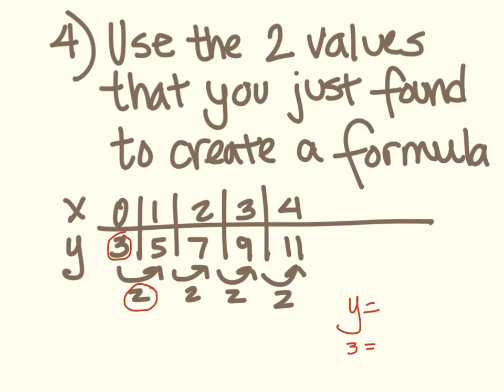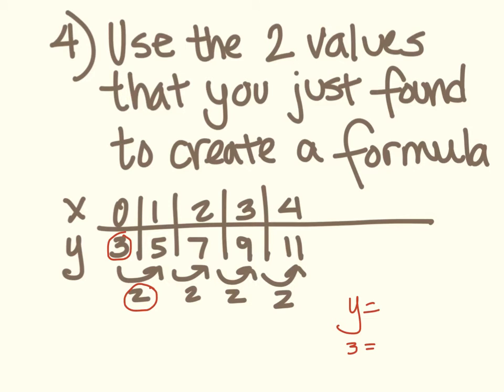So we'll do that here. And I have a 0 and a 2. I can't add 0 plus 2. What can I do to this so that y will equal 3 if x equals 0?